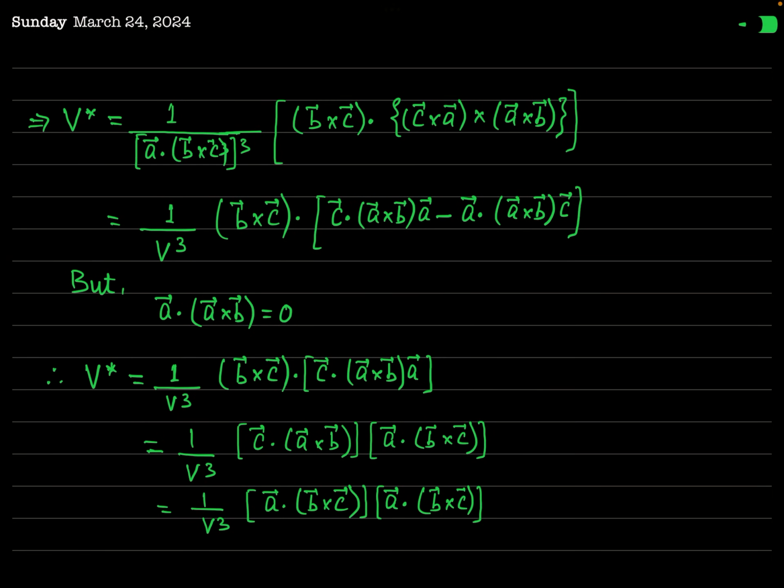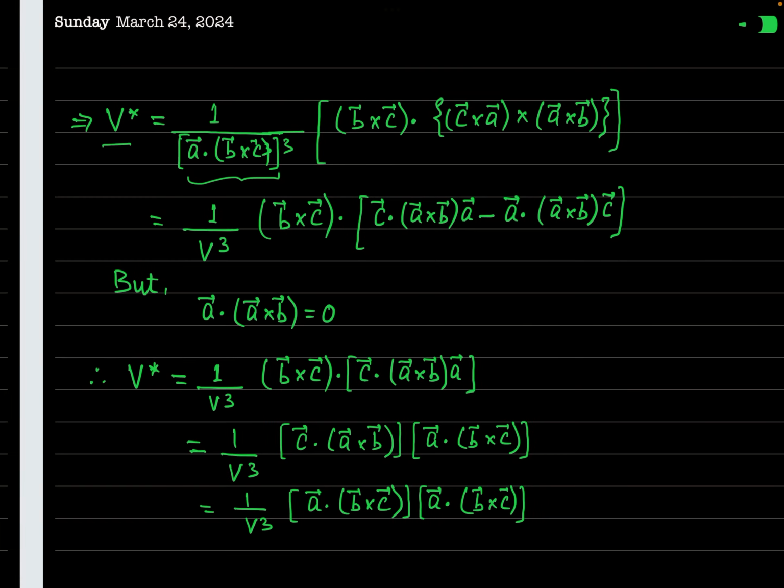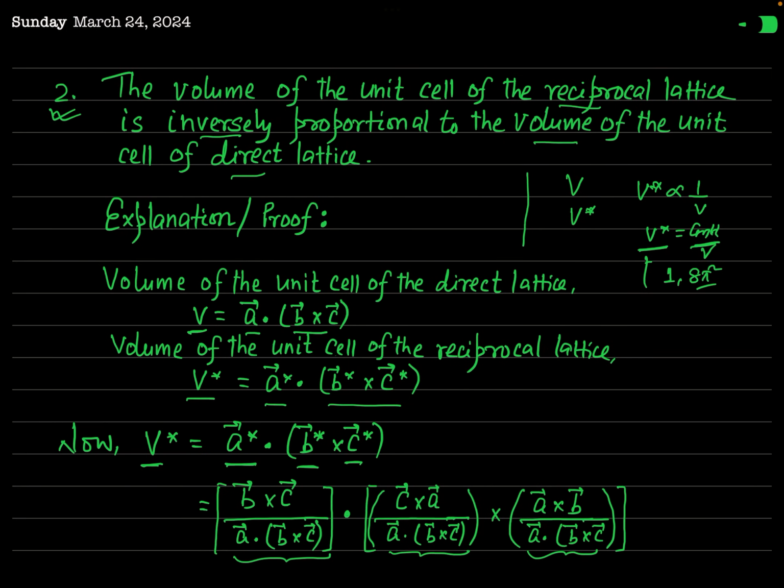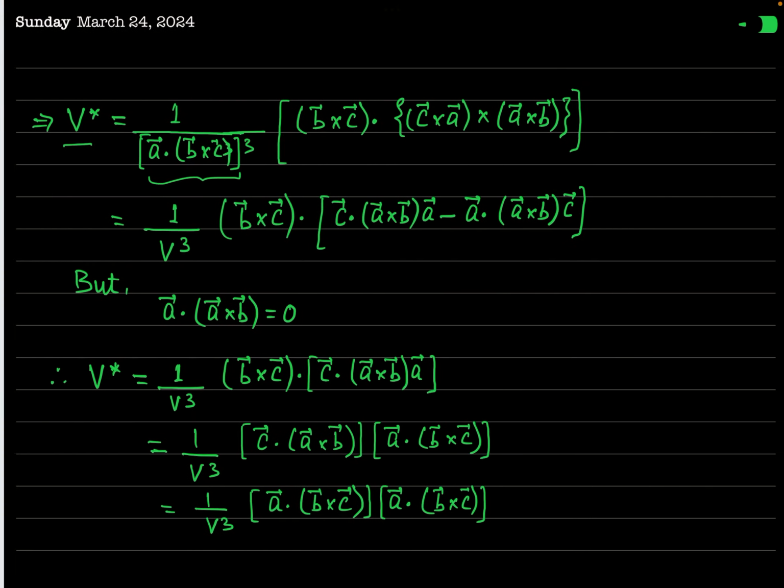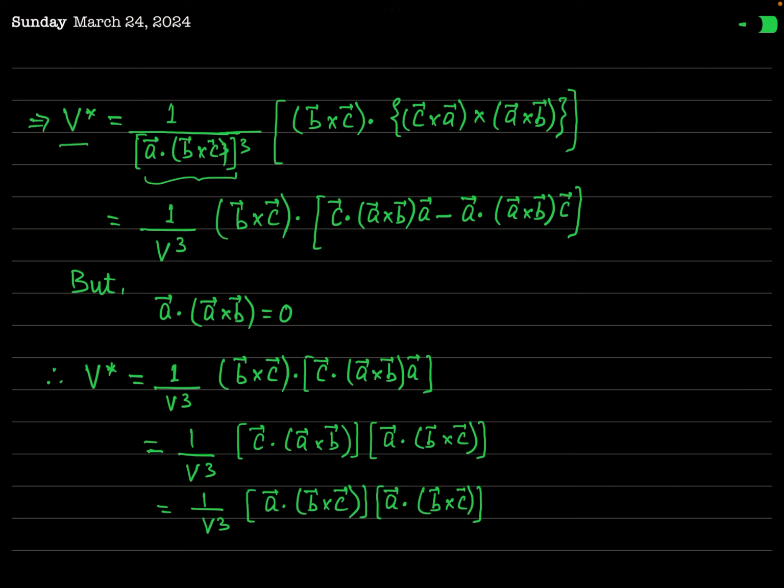And so you can write this result like that. V star is equal to 1 over A dot B cross C whole cube. And the remaining factors, you can see, are B cross C dot C cross A cross B. I have written it here.